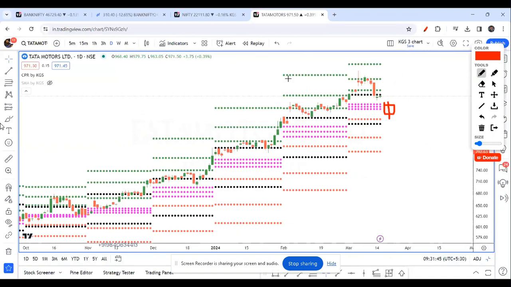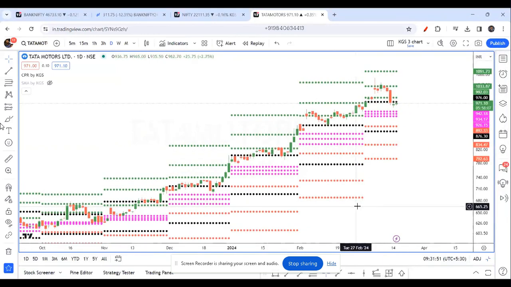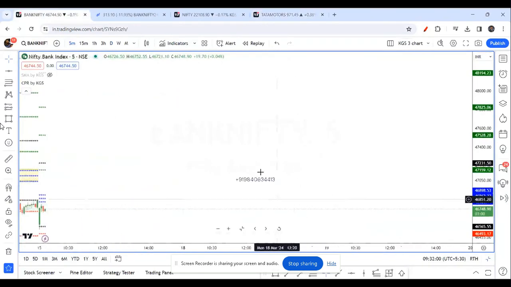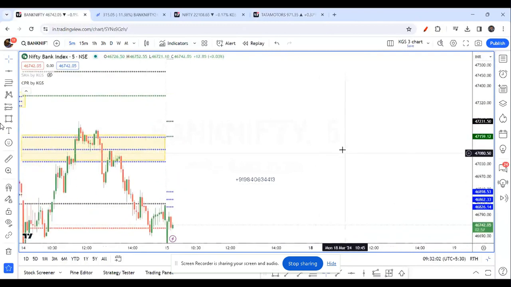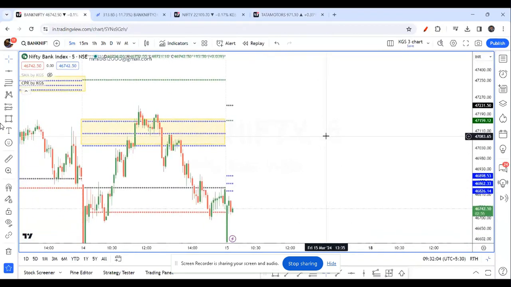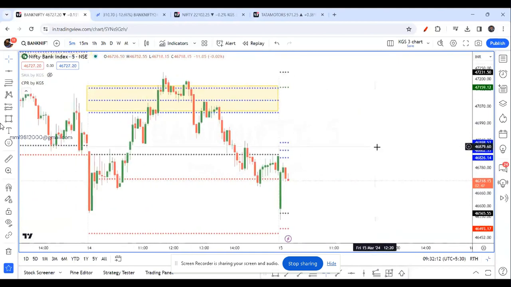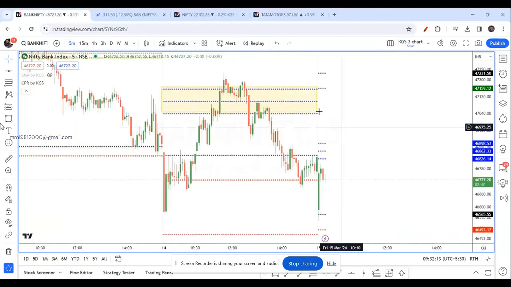So these are the small psychologies which will help you to take some wise decisions.